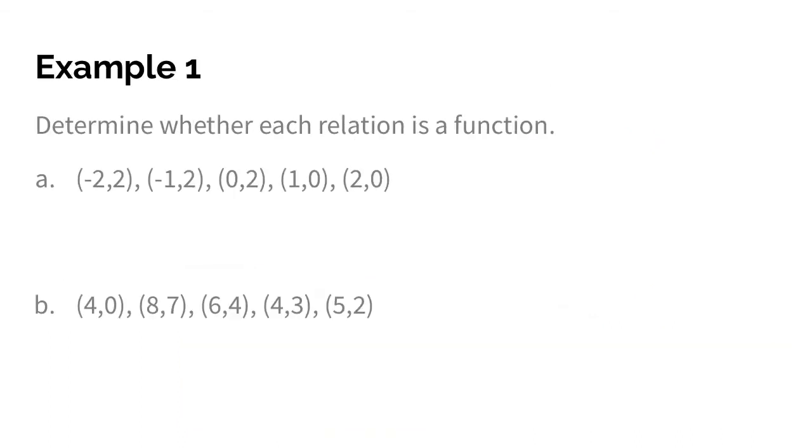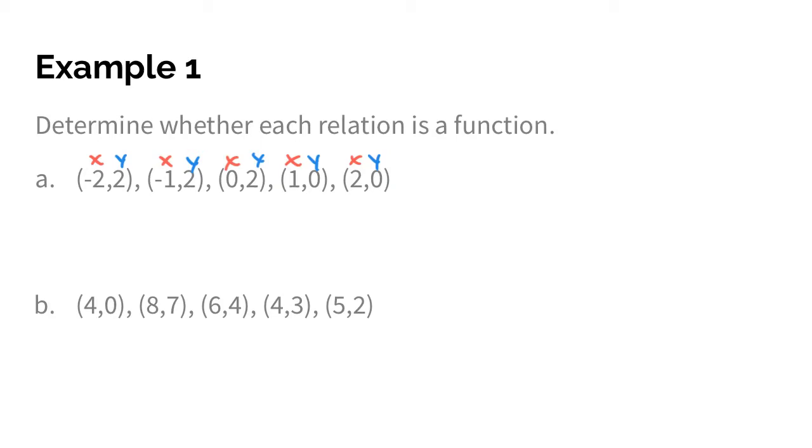So our first example, we're going to look at whether a relation is a function. Again, a relation is just going to be a set of inputs paired with outputs. So notice here we're given points. In every point, you are given x's and y's. All the numbers that come first are going to be my x's or my inputs, and all the numbers that come second would be my y's or my outputs.